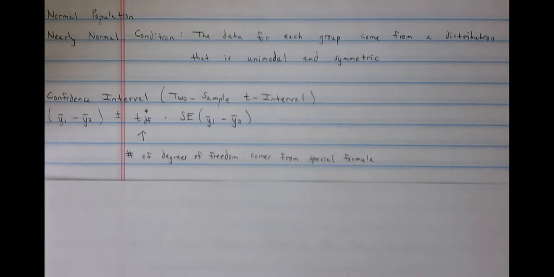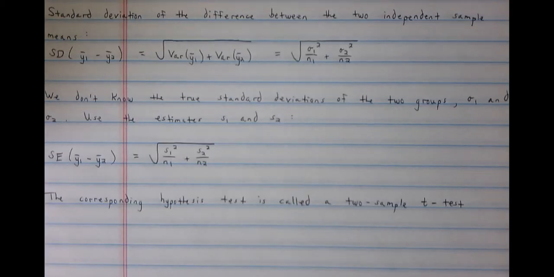Let's talk a little bit more about how we determine the standard error. If you recall, for independent random variables, the variance of their difference is equal to the sum of the variances. So we're going to again use this result to determine the standard deviation of the difference between the two independent sample means.